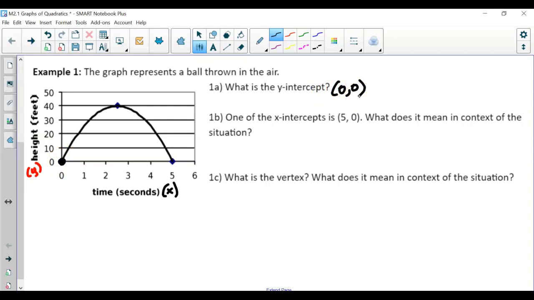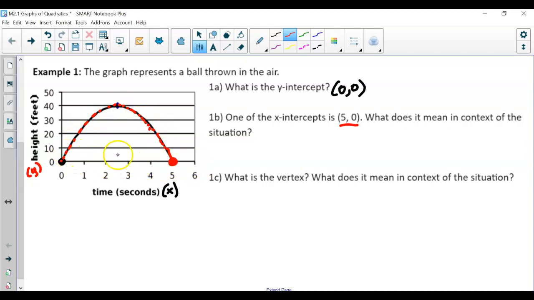That's the starting point. Now, one of the x-intercepts is 5, 0, right here. So what does it mean in context of this situation? Well, if you think about it, the ball started here on the ground. Let's say this is a soccer ball, because a soccer ball, you kick it and it starts on the ground. You kick it up in the air, and then the ball comes back down, and boom, it hits the ground.